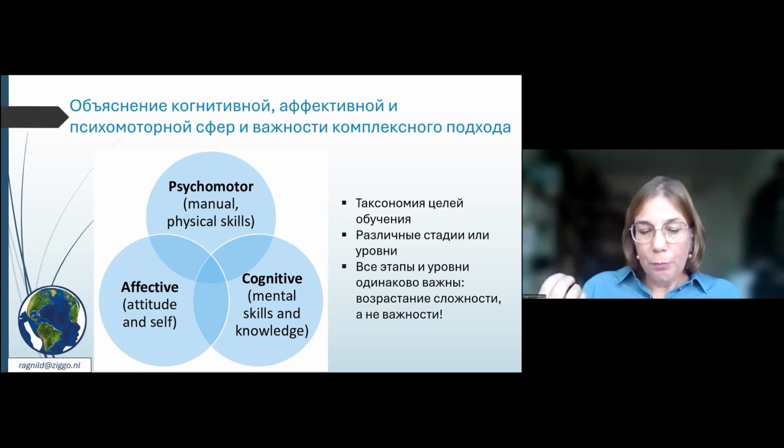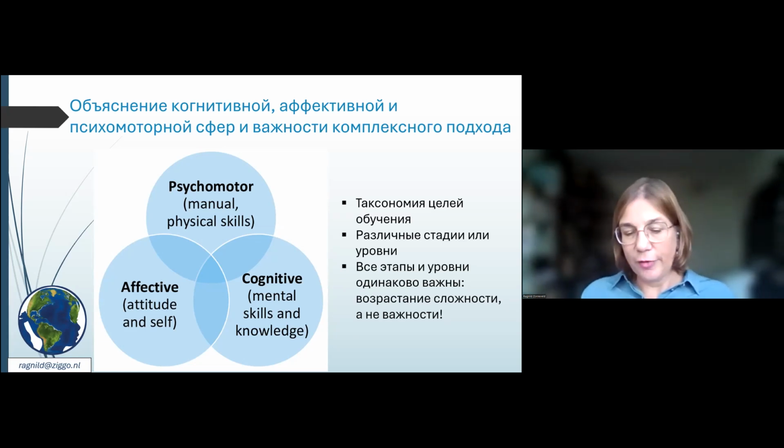So they developed the cognitive domain, and it was revised in a later stage by a part of the group. And they wrote the affective domain as well. But the psychomotor domain was described by various authors, and they each had a different focus on the psychomotor domain.